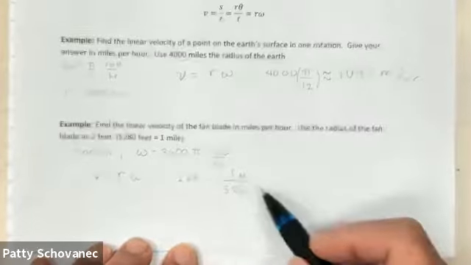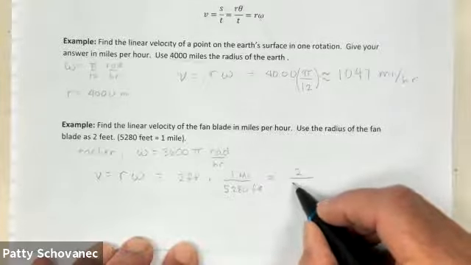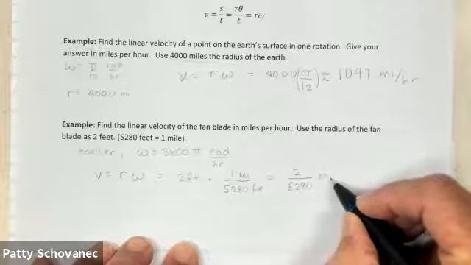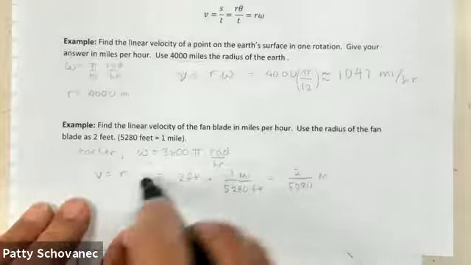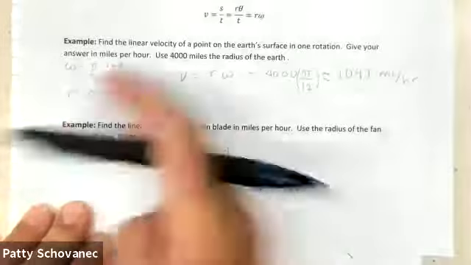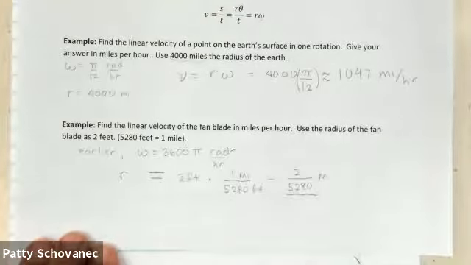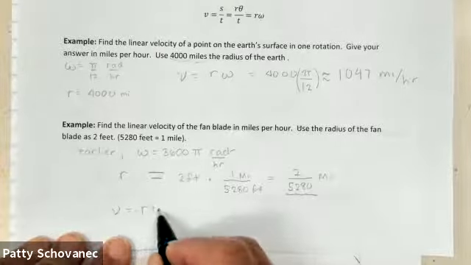So that now gives my fan blade as a mile measurement. 2 divided by 5,280 miles is the radius of the fan. So don't really call that r omega, I'm just converting r first. So there's the radius. Now velocity is going to be r times omega.